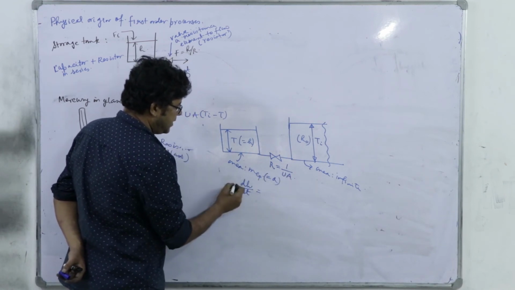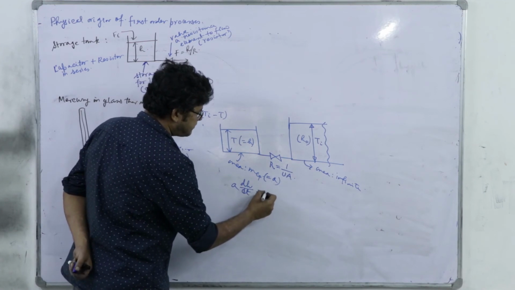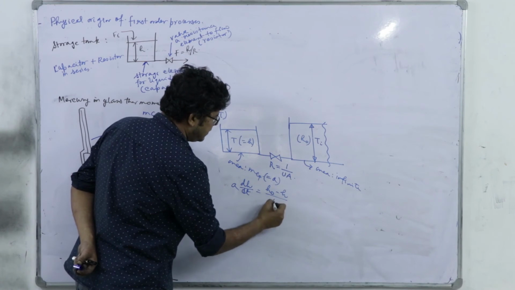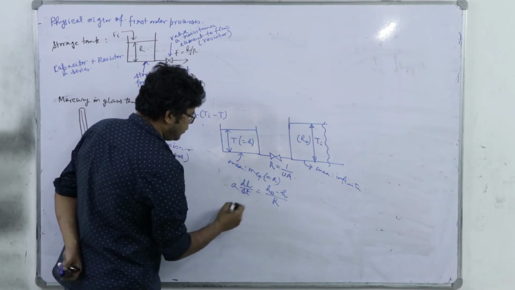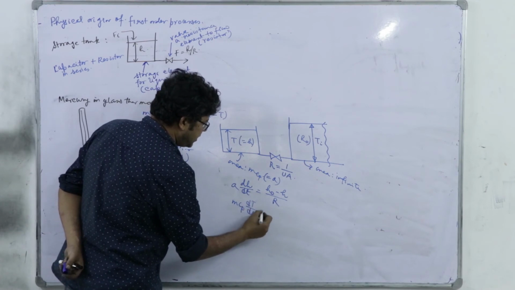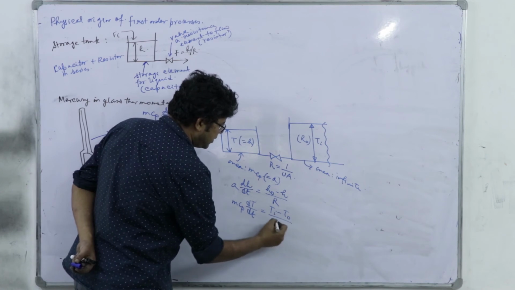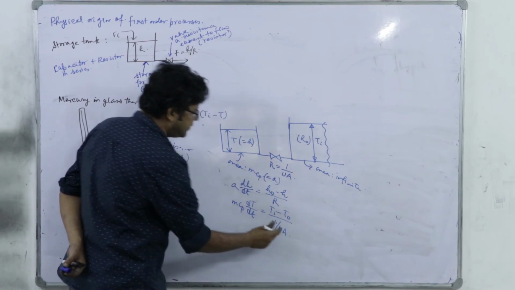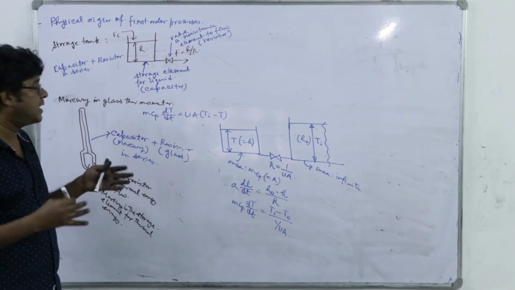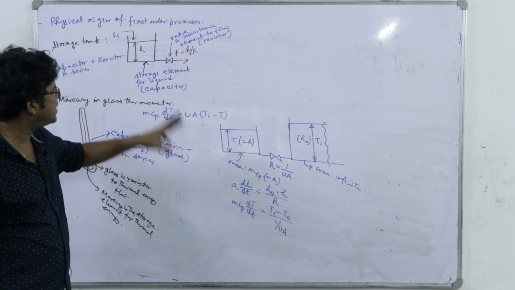So, a dH/dt is equal to (H0 minus H) divided by R. So, what you will get? mCp dT/dt is equal to (Ti minus T) divided by 1/UA, the same equation as here. So, we can actually draw the analogy.